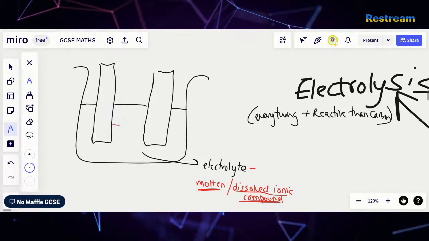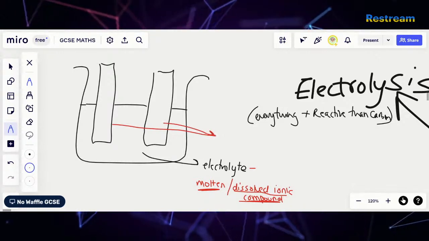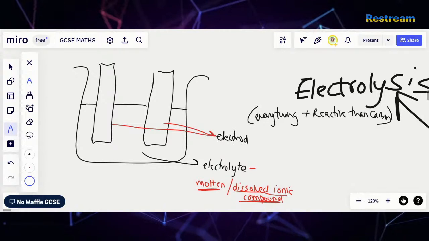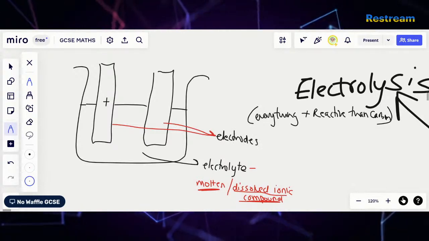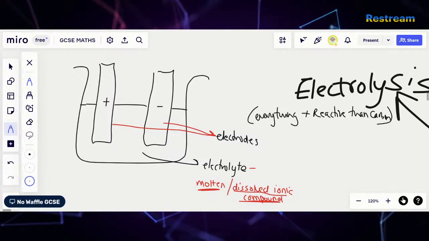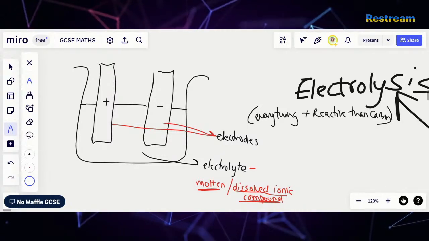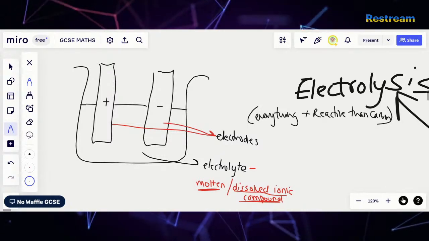Now we have electrodes. Electrodes can be positive or negative, and you need a positive one and a negative one, because the ions within the electrolyte move towards the opposite charges.